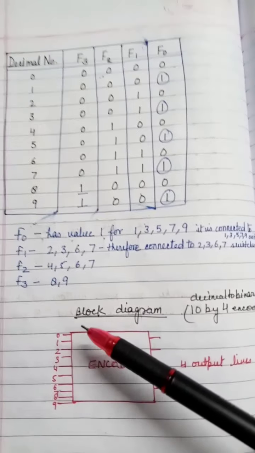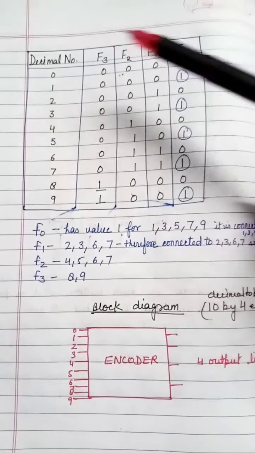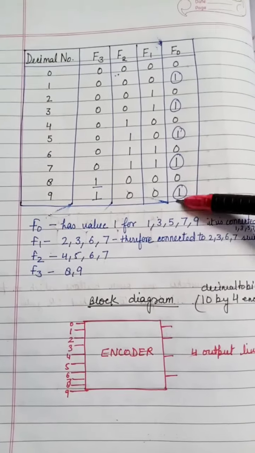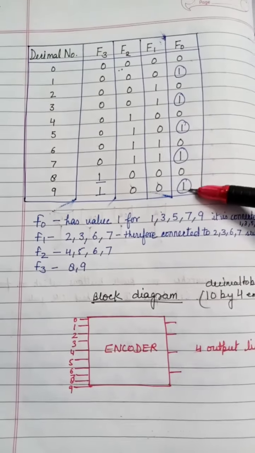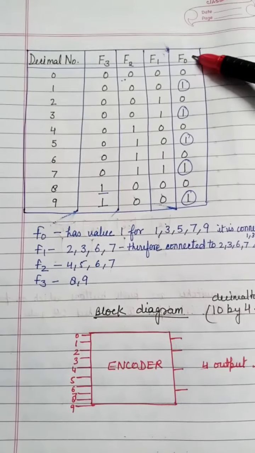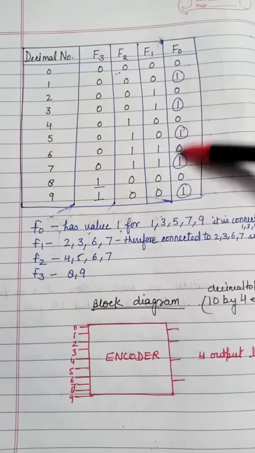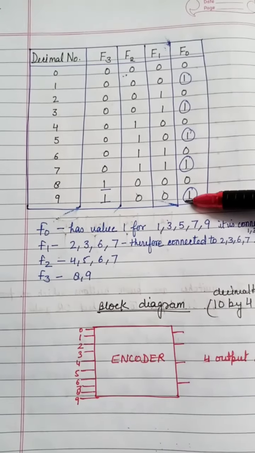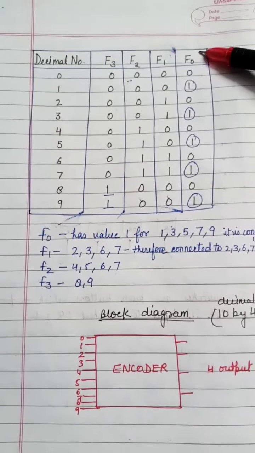So these input lines will be connected to the F0 OR gate: number 1, number 3, number 5, number 7 and number 9 input lines will be connected to this output line.